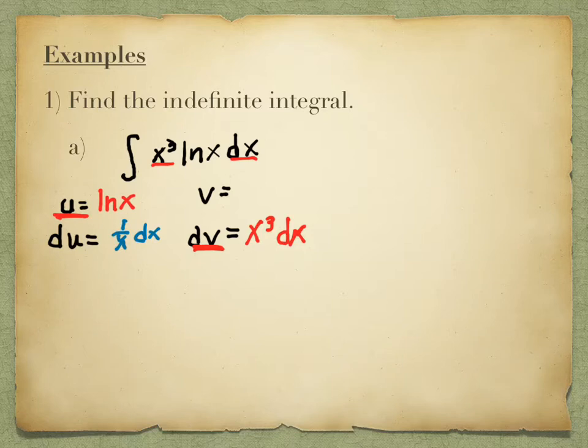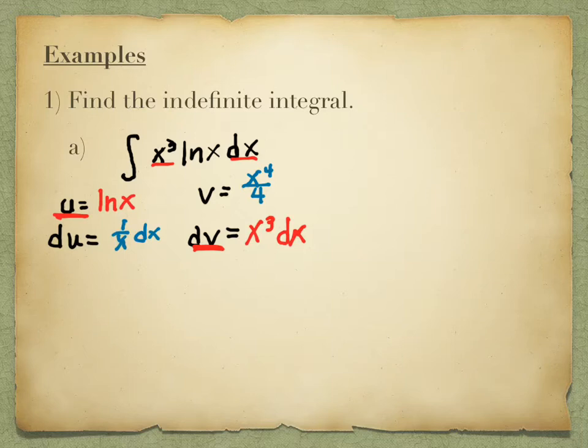So if I'm going up a level, I need the antiderivative of that, because that's what v is going to be. So what is the antiderivative of x cubed? Good. So in the middle of this problem, we did both a derivative and an antiderivative, didn't we? And that's what happens when we work with integration by parts. Every time we're doing them both at the same spot in the process. We have to do both.